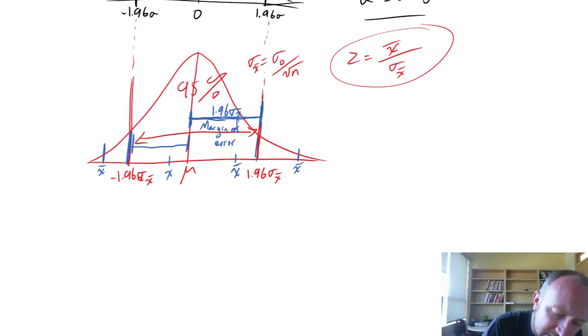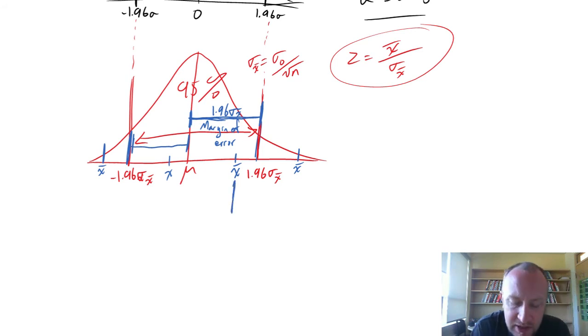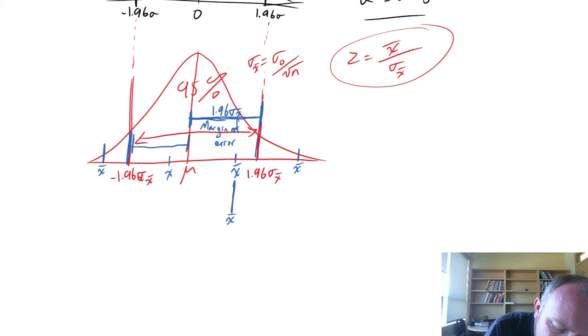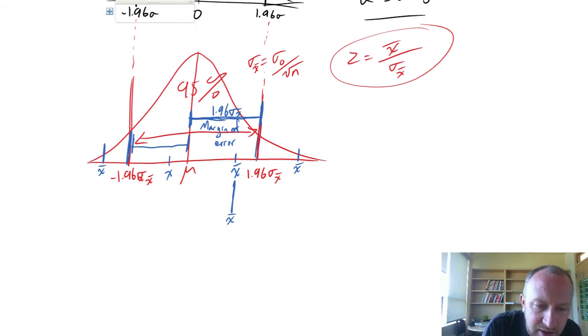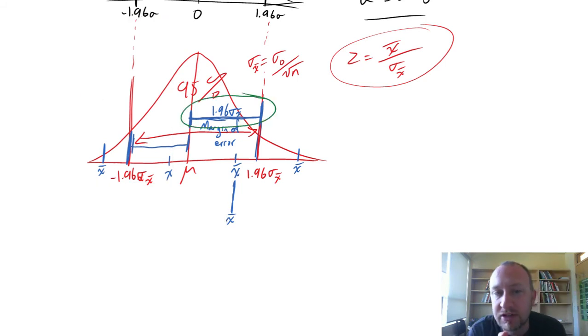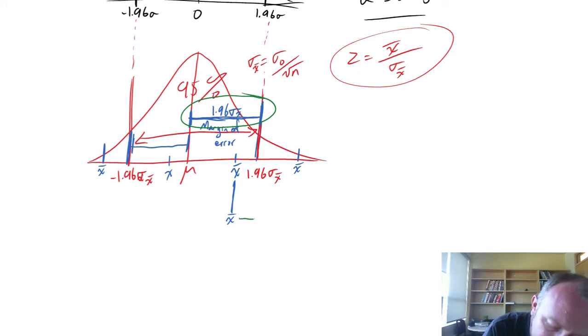Well, let's see. If this is my sample mean here, x bar, and I calculate the upper and lower limits around this sample mean using exactly this margin of error, so this is plus 1.96 times that standard error, and this is minus 1.96 times that standard error.